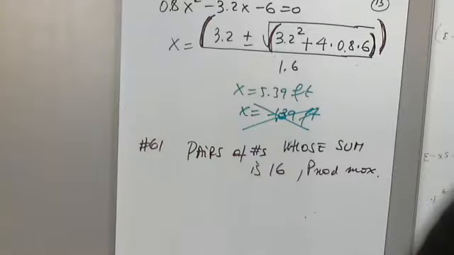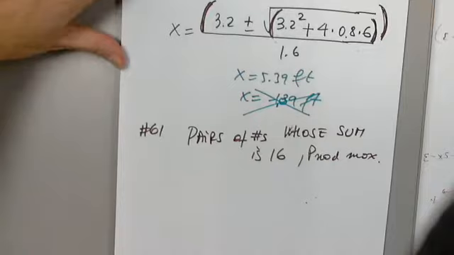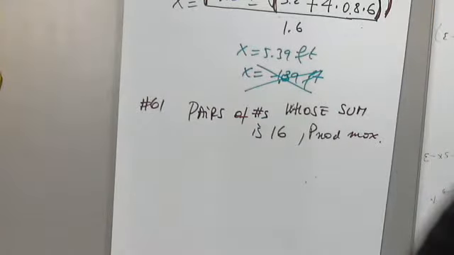What is the maximum product? Okay. So we are thinking of pairs of numbers whose sum is 16. Can you give me an equation, but do not give me numbers? Do not say 10 and 6. But give me an equation with 2 unknowns, one is x and one is y, whose sum is 16. How do I write that?